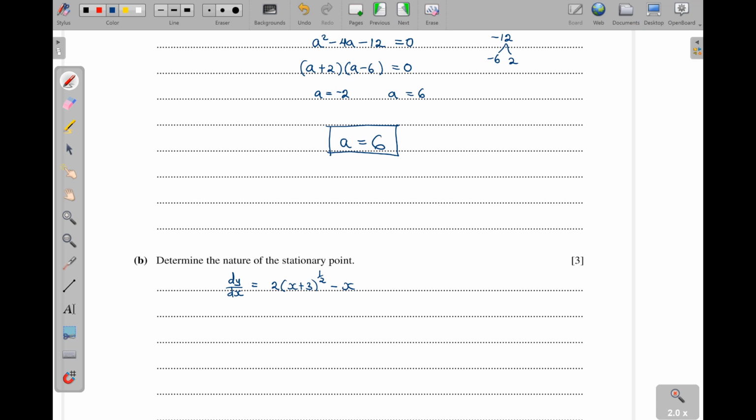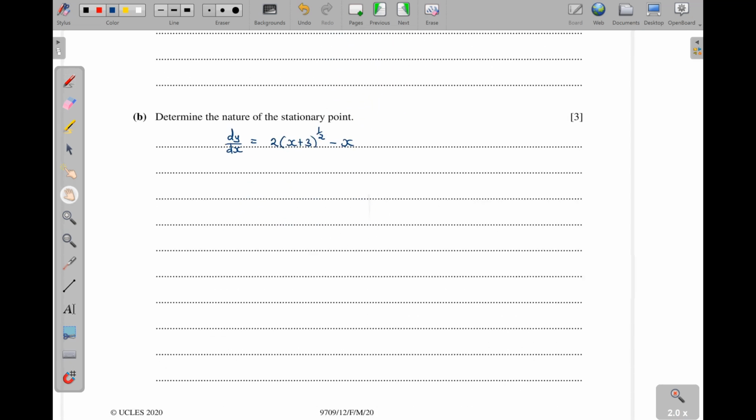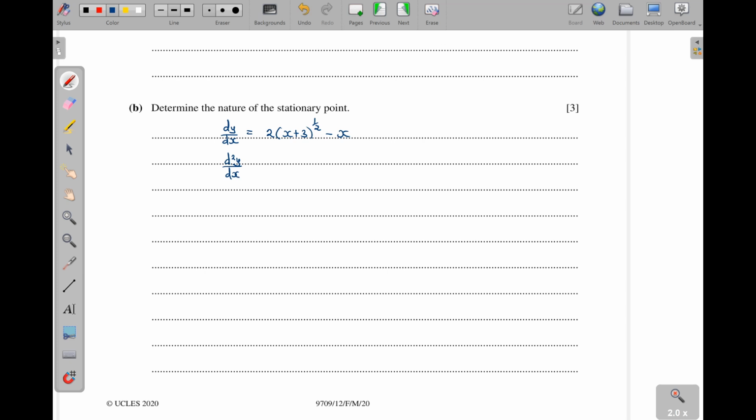That means the second derivative, d2y/dx squared, is going to be 2 times, drop this power, so we shall have a half into (x plus 3), then reduce the power by 1, that will be negative a half, then times the derivative of the inside, which is 1. And then here, when you differentiate this, you will get a 1. So we shall have 1 over the square root of (x plus 3), then minus 1.